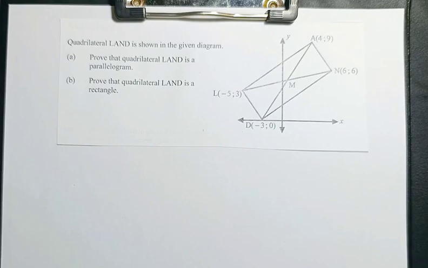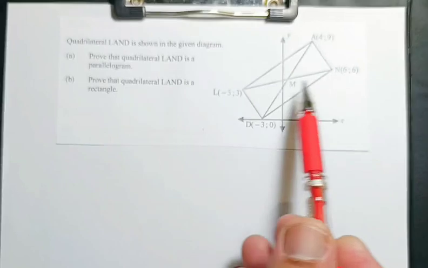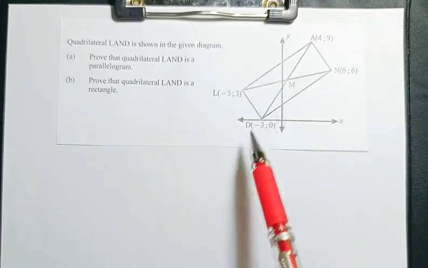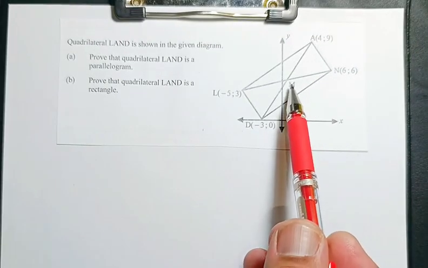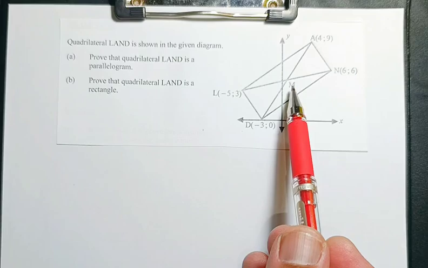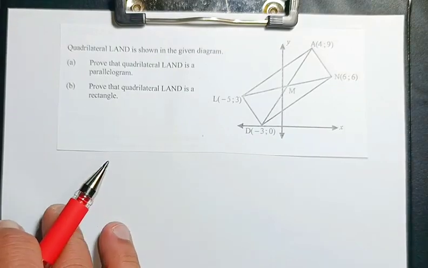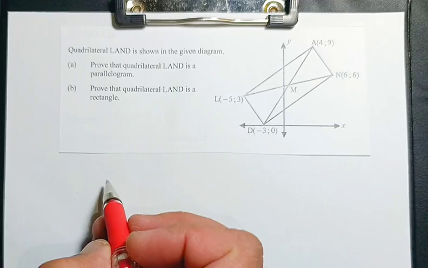Remember, a rectangle is in the parallelogram family. To prove a parallelogram, we're going to prove through midpoints that the diagonals bisect each other. So the diagonal LN and the diagonal AD bisect each other at M, which means both diagonals must have the same, equal midpoint.